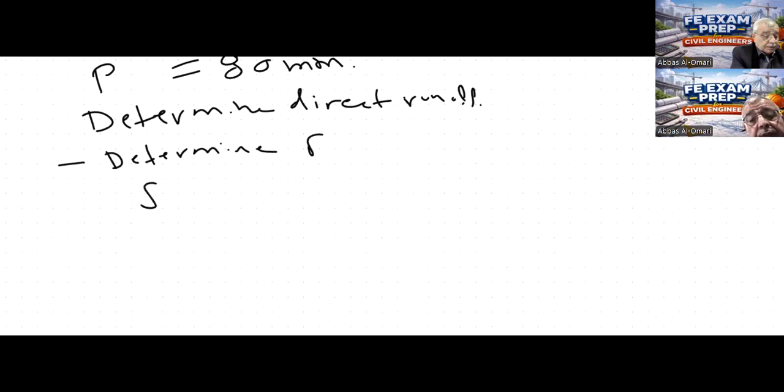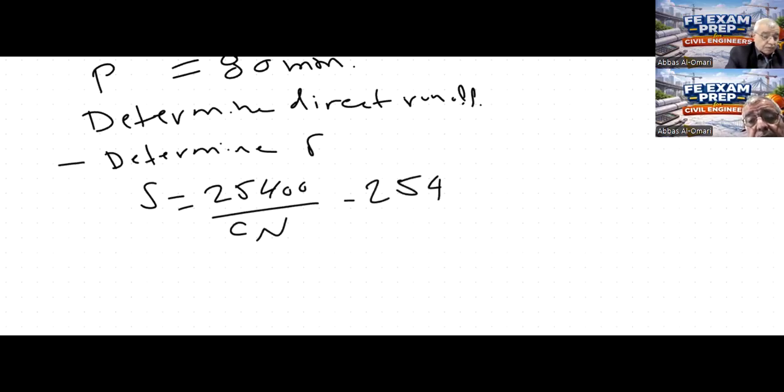So S equals 25,400 divided by the curve number, minus 254. This is the curve number method to determine the storage.